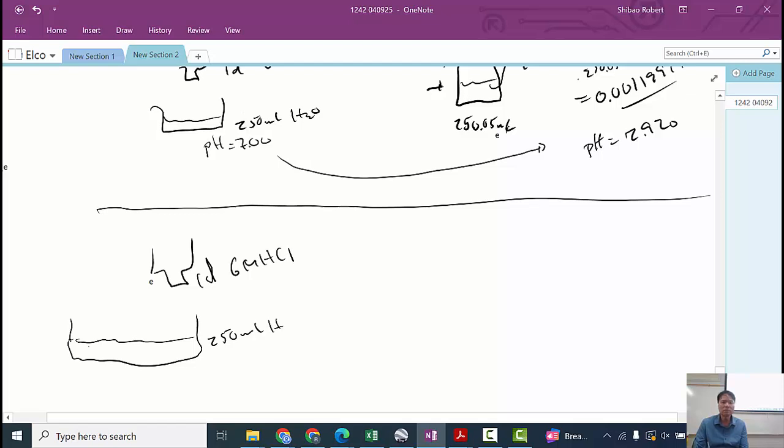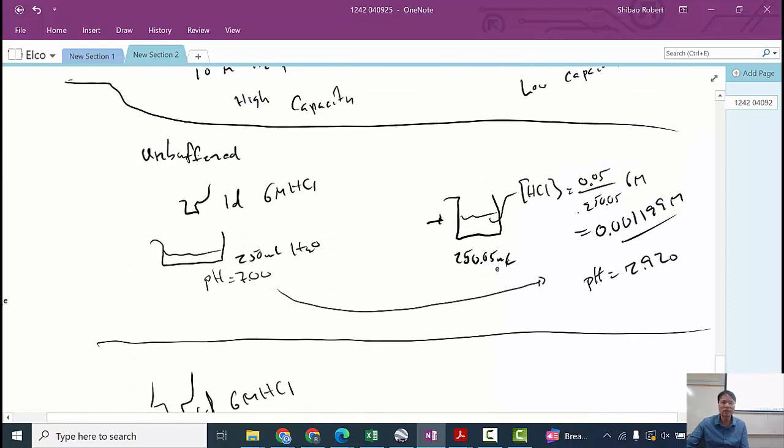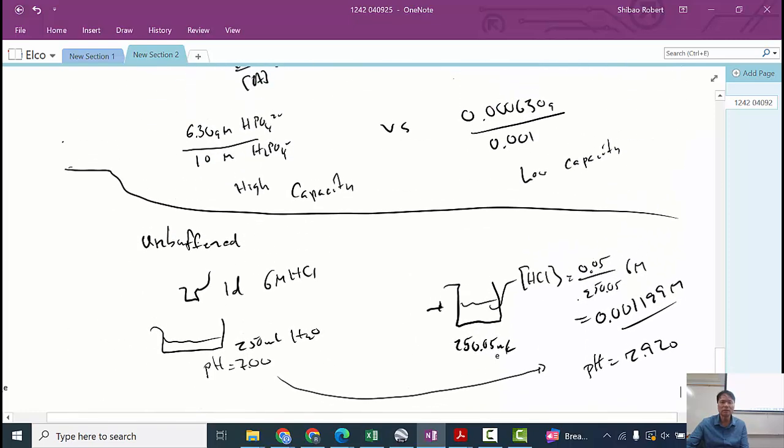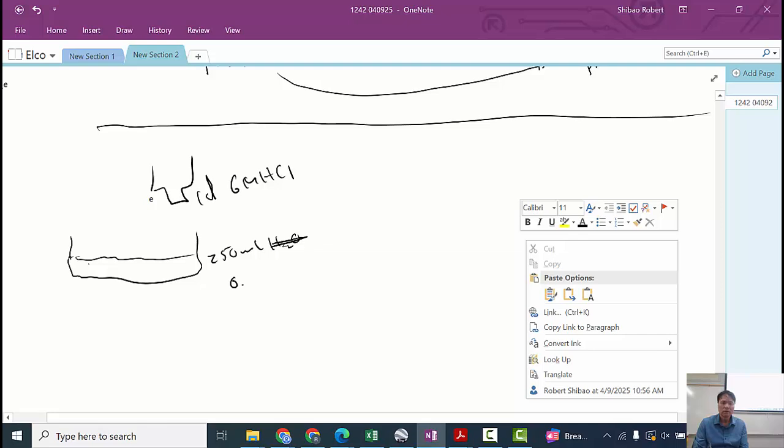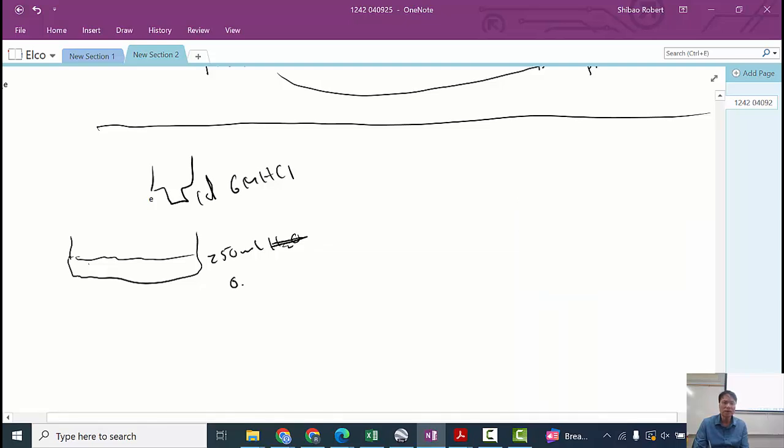So we'll do 250 milliliters, not H2O, but the buffer, which is going to be 0.6309 molar base, HPO4 2 minus, and 1.00 molar acid, H2PO4 minus.